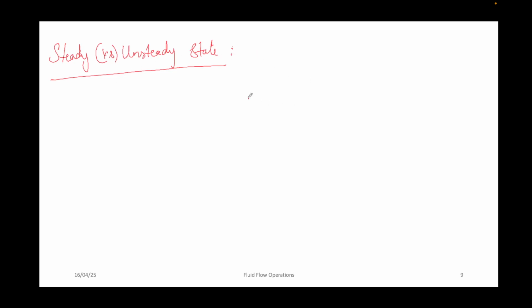Let's take an example. Let's say we have a pipeline and U is the velocity of the fluid in the pipeline. Say you are measuring this velocity U across this particular point.